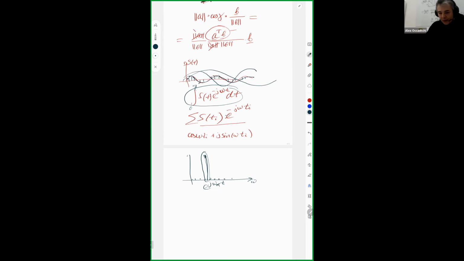Also, by looking at this picture, you can see that by measuring similarities with different basis vectors, which in this case will be different complex exponents corresponding to different values of omega, you are able to say which component is mainly present in your signal of interest, what your signal behaves mainly like.